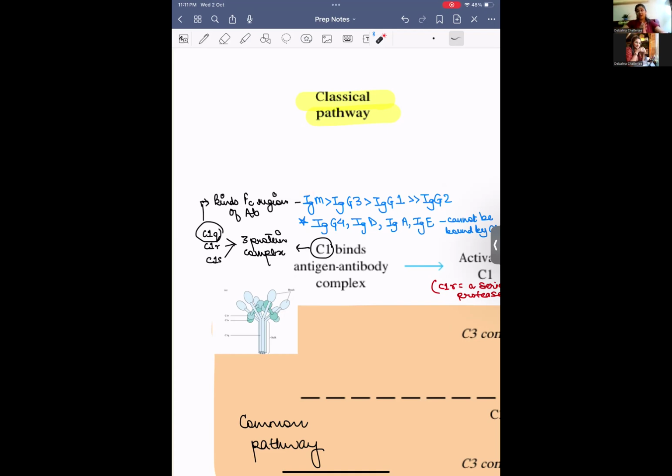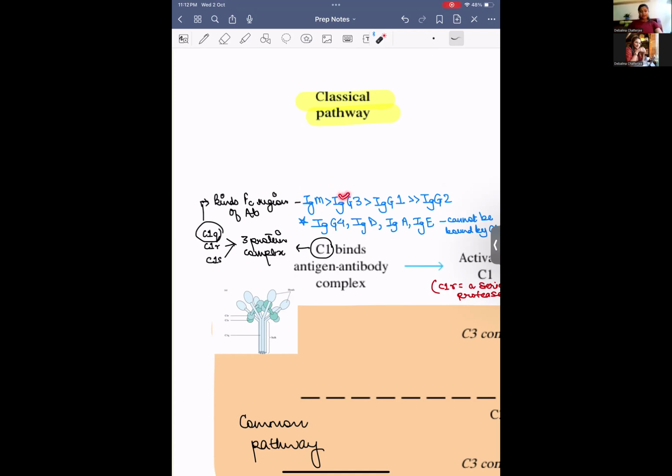The body is very smart. It knows that most of the effective functions that I need to take care of the challenge can be most effectively mediated by IgM. So let's just produce IgM in the first go. And eventually the switch takes place to the IgG isotypes, right? And of course, the switching of antibody is again mediated by cytokines.